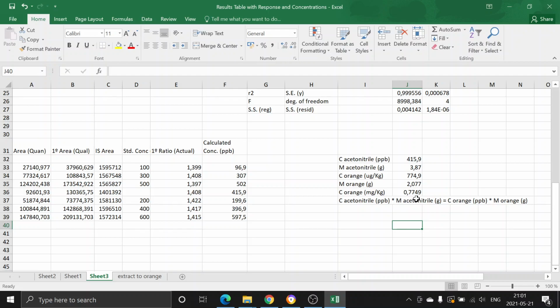But again, this is an oversimplification. We assumed the extraction yield is 100%, which is not true, and I will talk about that later.